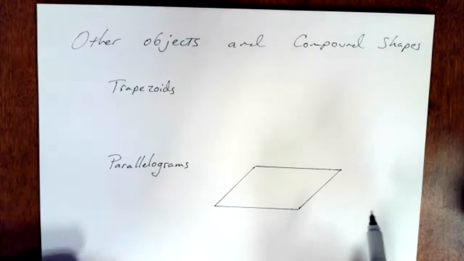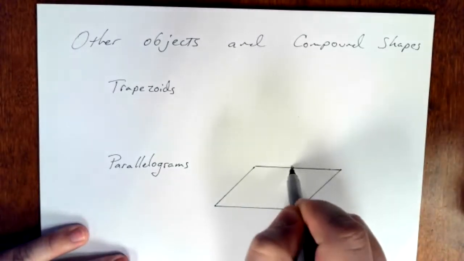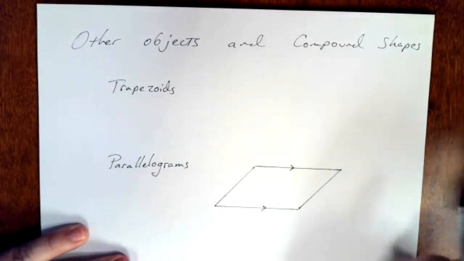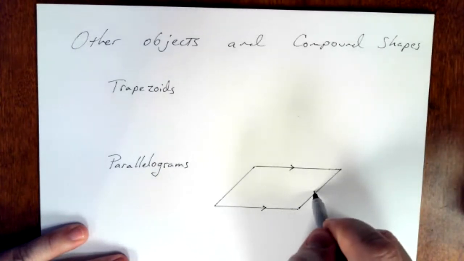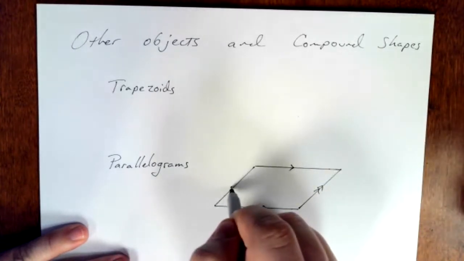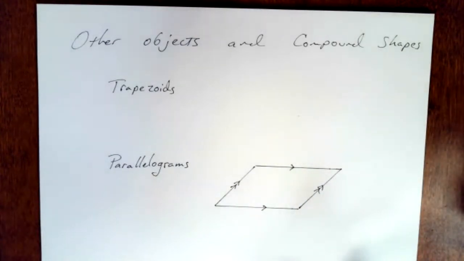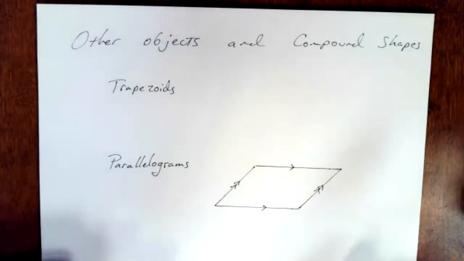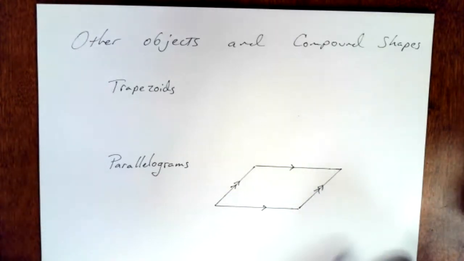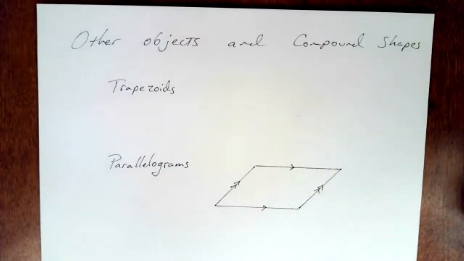In a parallelogram, you've got two pairs of parallel sides: parallel sides above and below, and parallel sides on either end. Right now, I just want us to be reminded of what they look like and some basics, like finding the areas. That's really what we've been working on.